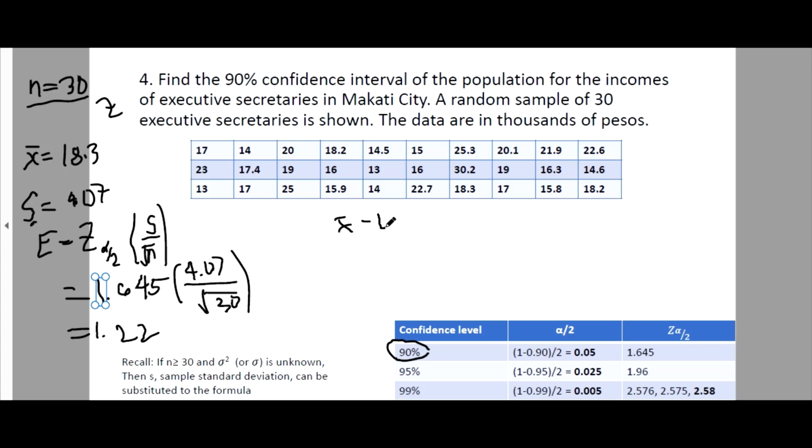So therefore again, this is our interval. So just substitute. Our sample mean is 18.3, minus 1.22. And of course, on the other side, on the upper limit, is 18.3 plus 1.22. So 18.3 minus 1.22 is 17.08.